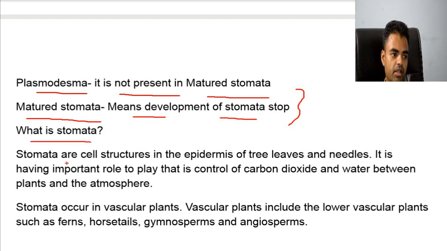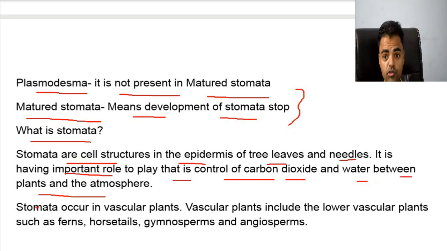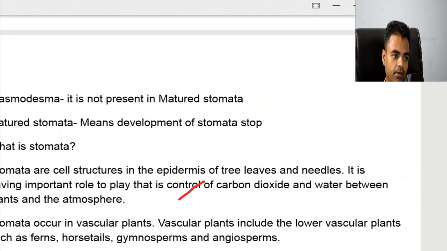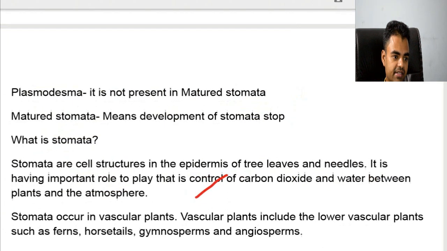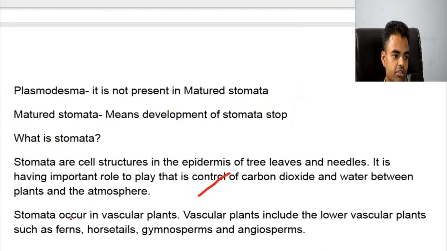What is stomata? Stomata are cell structures in the epidermis of tree leaves. So we are talking about trees, right? And needles. It is having an important role to play, that is control of carbon dioxide and water in plants and the atmosphere. Now let's move on to the next part, that is also important to understand. Stomata occur in vascular plants.